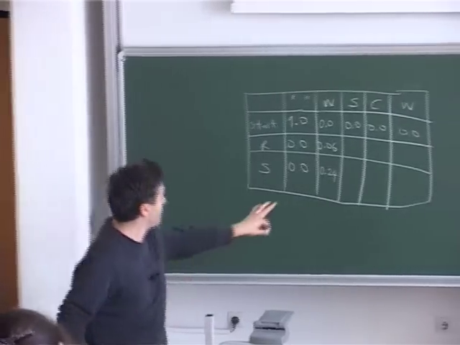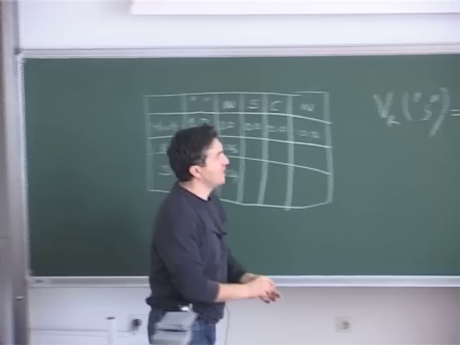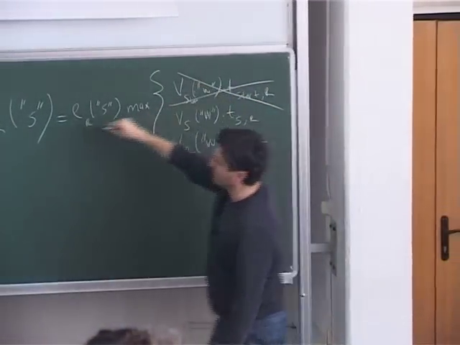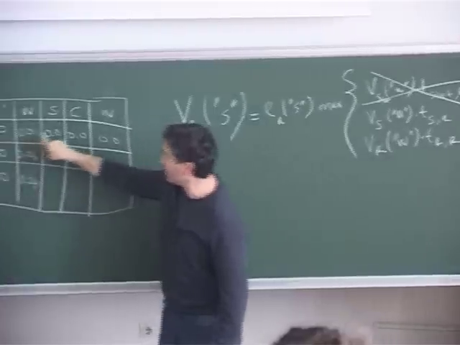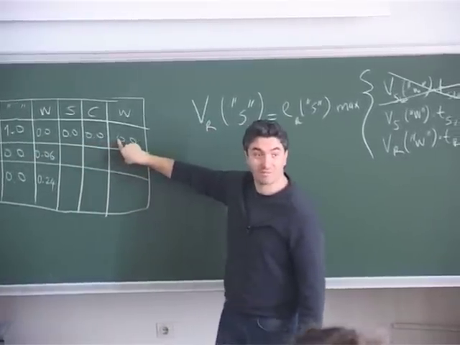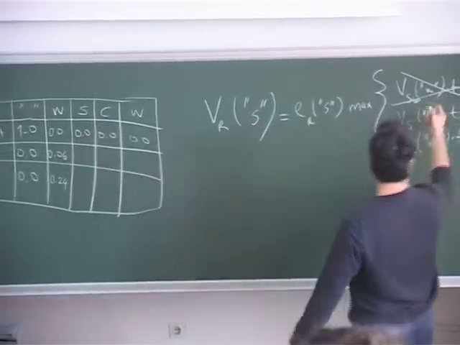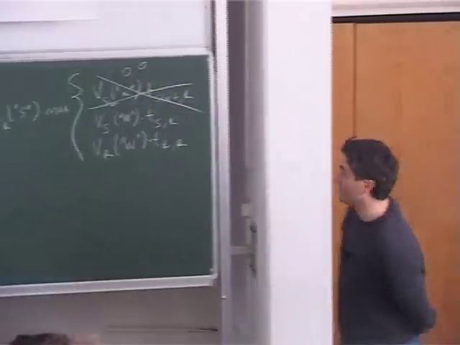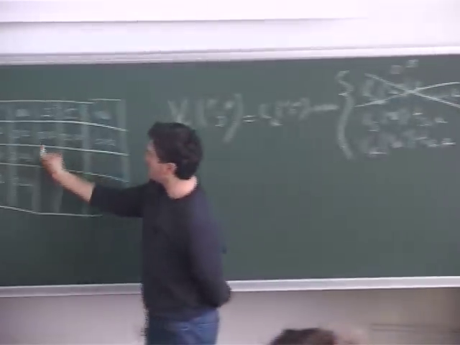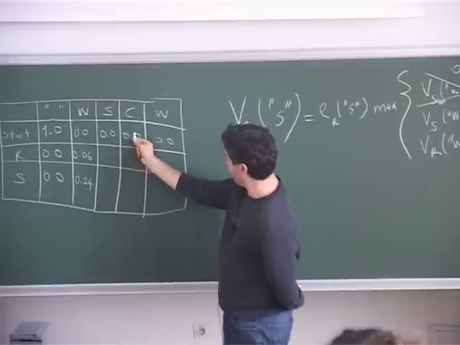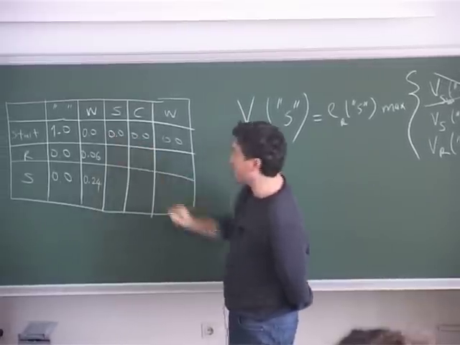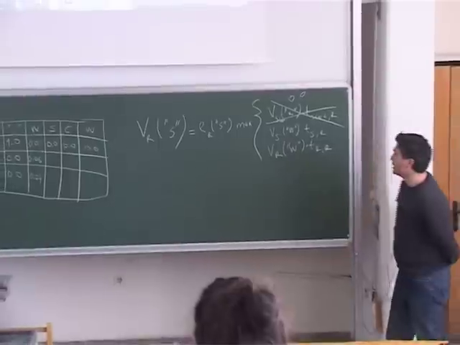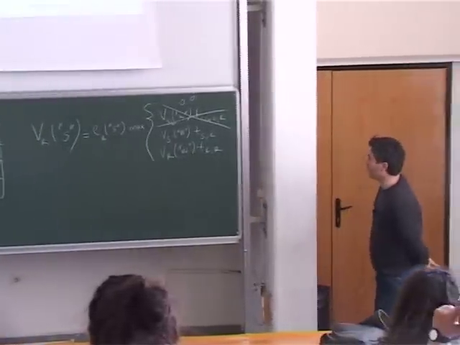So when filling in these parts of the table, we can just drop these entries out because they are all 0. When we are filling in this one, we look at the previous column, and it's 0. When we are filling in this one, the previous column here is 0. So it's all going to be 0. We are just going to look at these two things and choose the maximum of those.